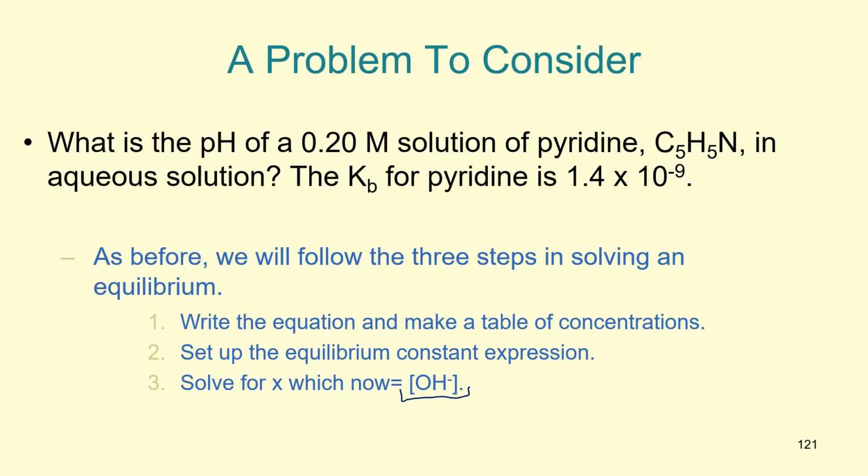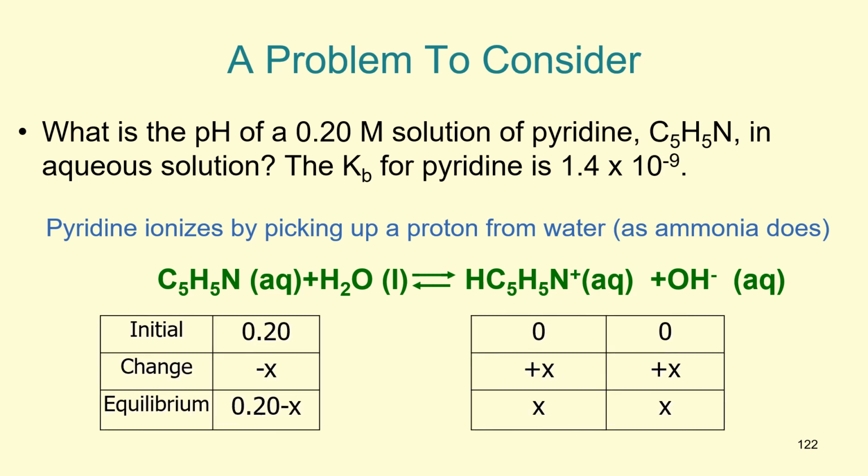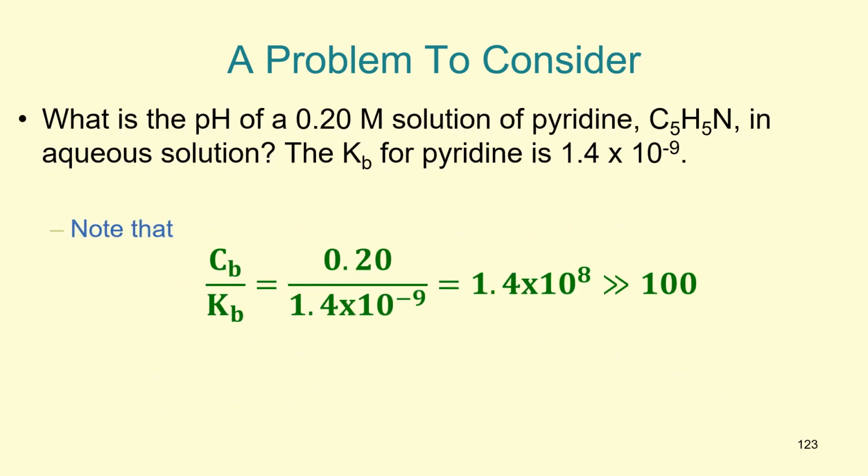All right, so here's our expression. Here's the base plus water, and if you're not sure, just stick an H on the front and make it positive. So there's our conjugate acid, OH negative. We set up our ICE chart, 0.2 minus X, X, X, X squared. We can do the same consideration for this.